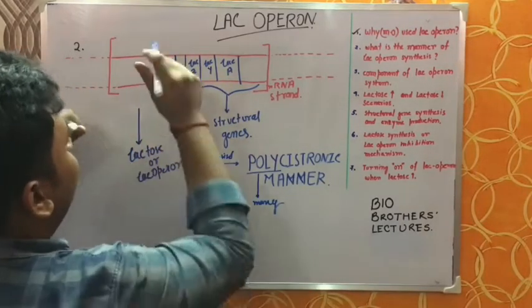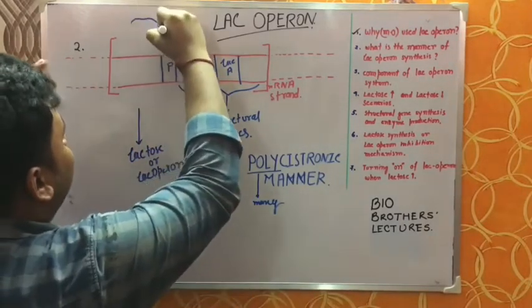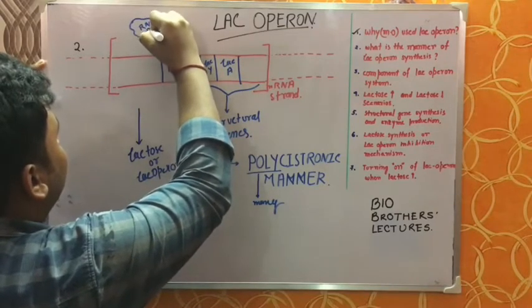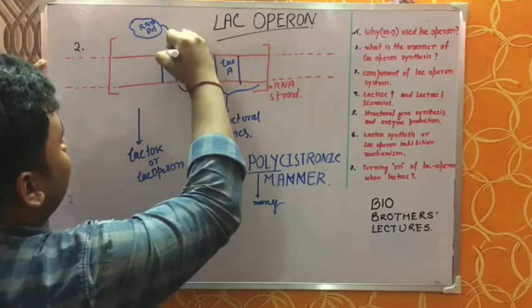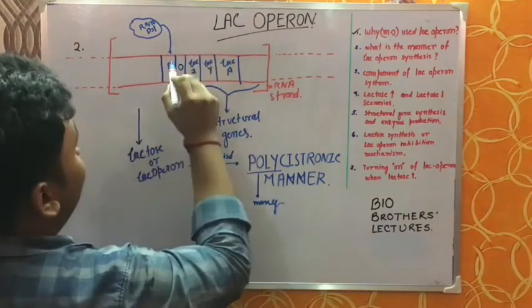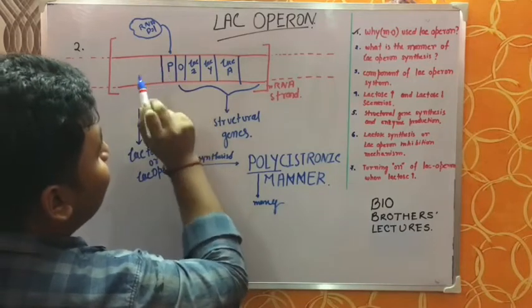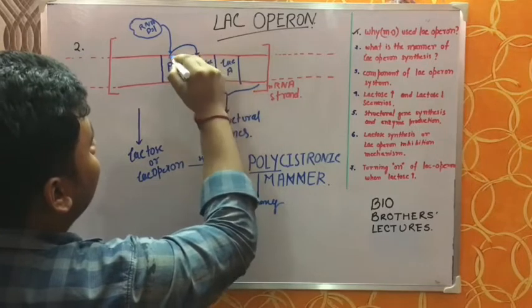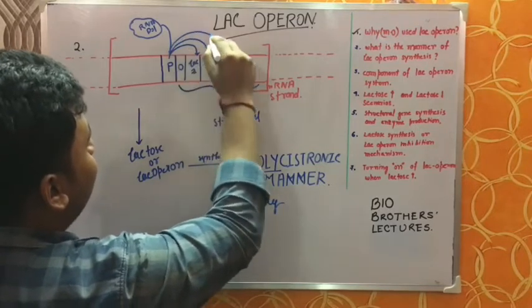Basically one RNA polymerase comes and binds to the promoter and operator sequence, and this promoter is a signal for these three genes. It will catabolize this, and this.